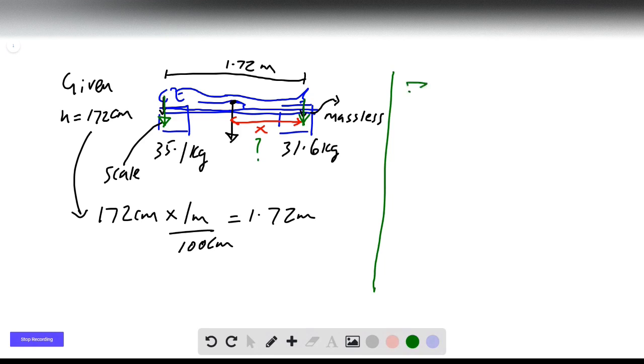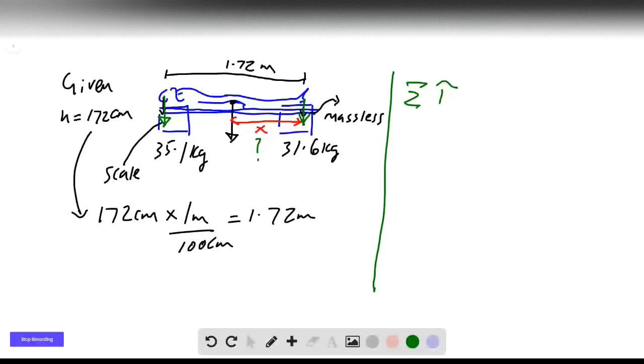So the sum of the torques on the center of gravity, and this is the whole center of gravity of the whole system. So assuming this is the center, we'll call it CG. So the torque relative to the center of gravity is 0.